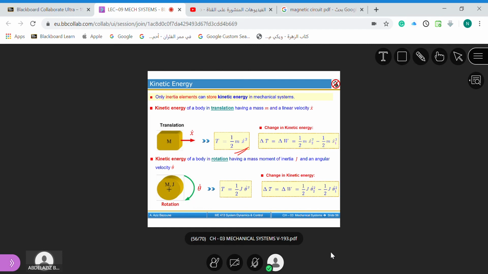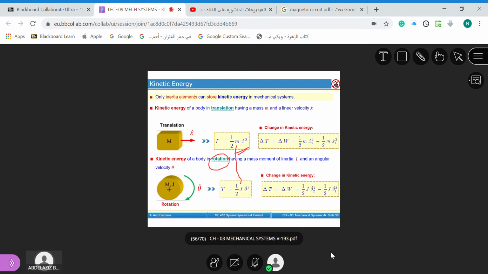For a system in rotation, we will have the kinetic energy half J theta dot squared. Delta T is equal to half J theta dot 2 squared minus half J theta dot 1 squared. You can see the analogy between the two types of motion.